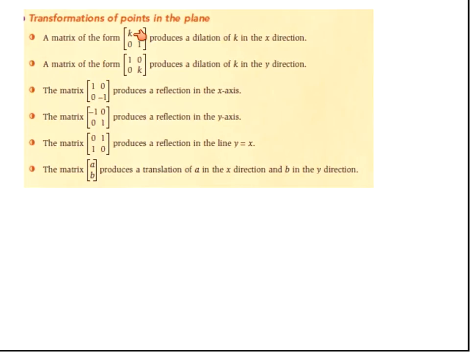So you can see you have k, the factor of dilation. Here you have the factor of dilation in y direction. Then that's a reflection in x-axis, that's a reflection in y-axis, and so on. Okay. And sometimes it's difficult to remember. That's why I usually advise students to have this summary on their cheat sheet.